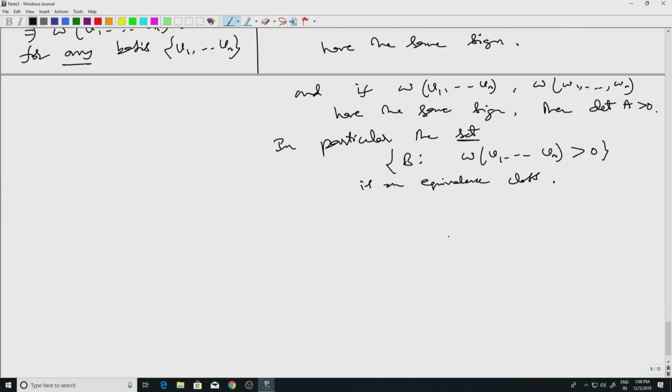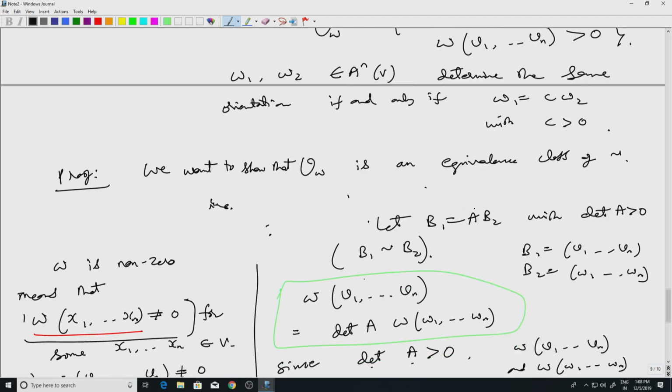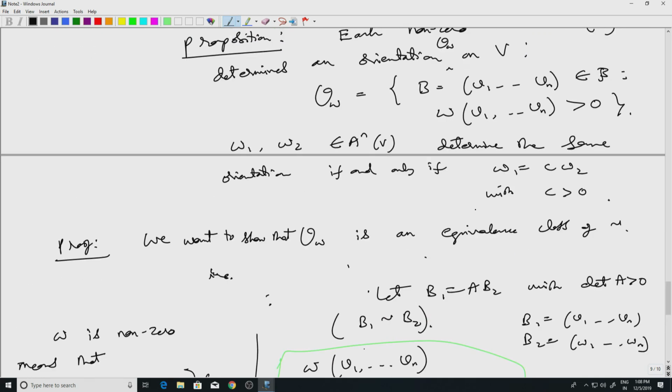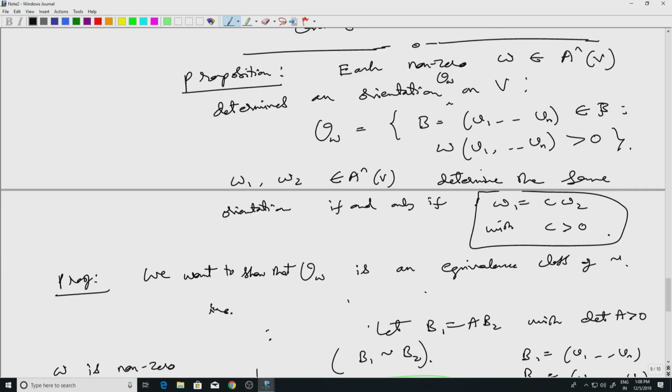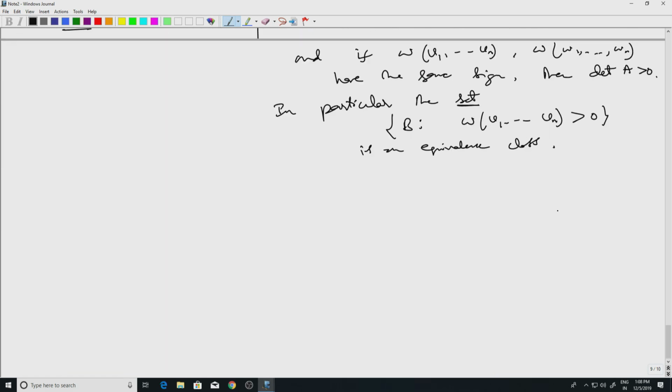So the set is exactly equal to the equivalence class. And it's clear from the way it's defined that this condition holds. It is completely a tautology to say that the constant has to be positive to get the same equivalence class.